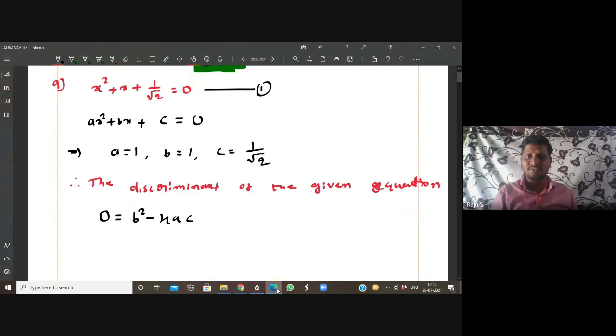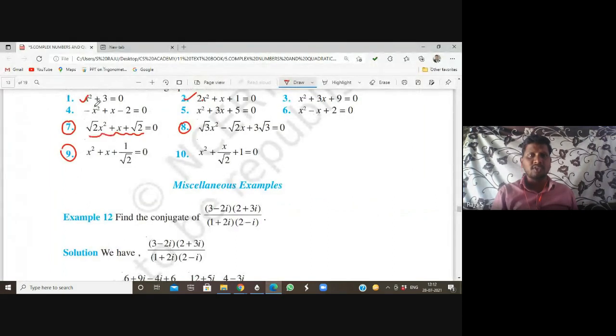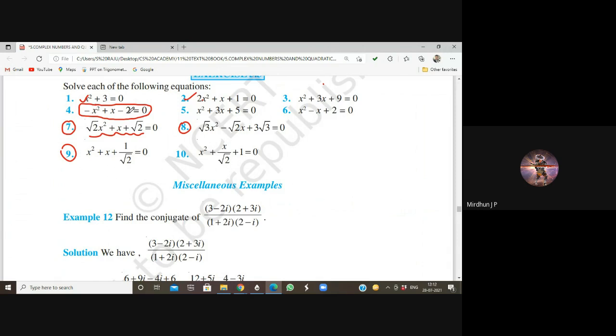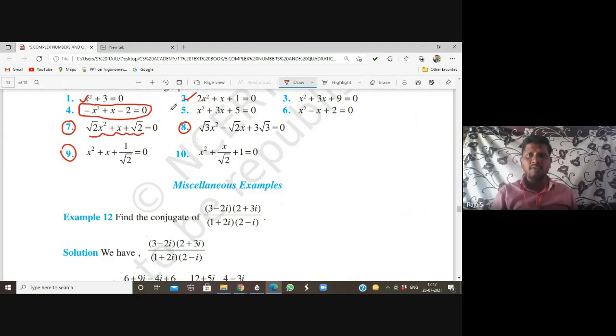For example, some questions are there here. This question is there. What we have done here, we can do in two ways. You can take minus common. Or else we can take the equation to the right hand side and we can simplify also, sir. Yeah, then only it will become positive. So in this question, what we have done actually, we have done directly.